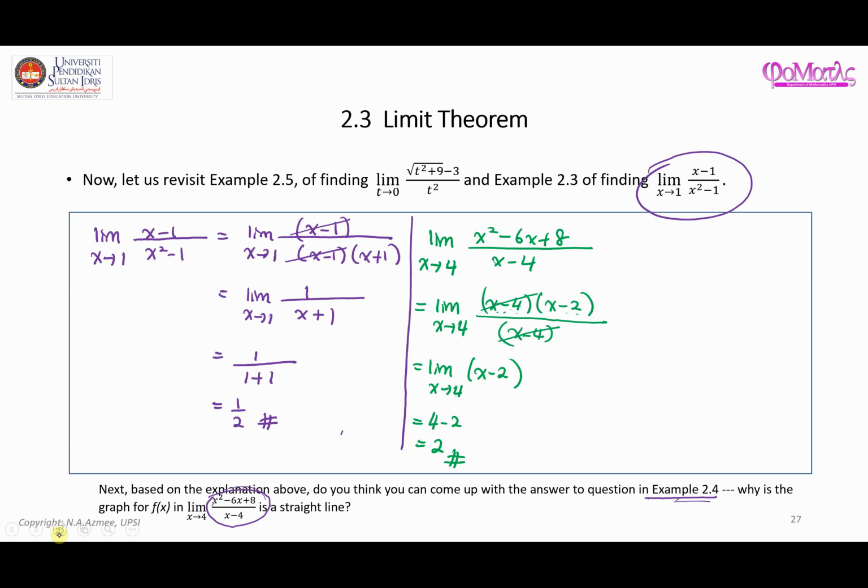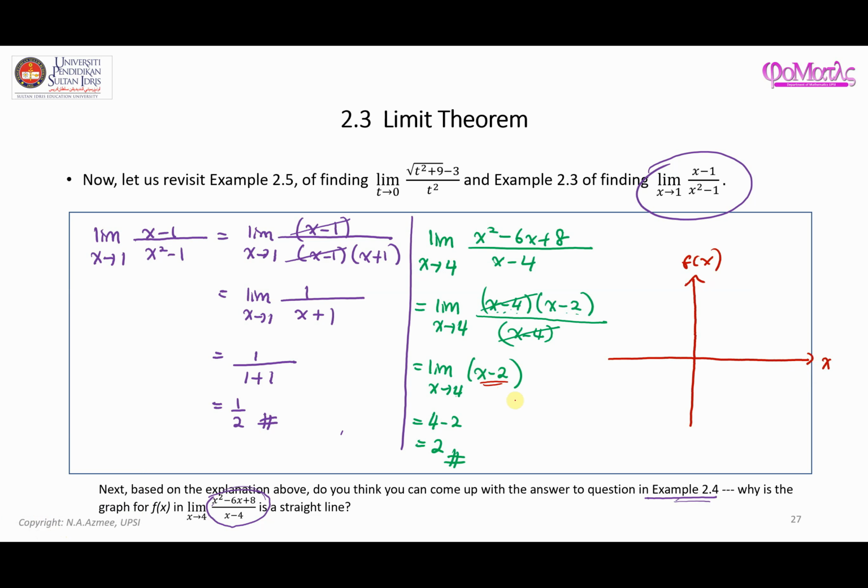And if you go back to this example 2.4, you will see that the graph for this function looks like this. So this is x, and I'm going to call this f(x), and we have this function.